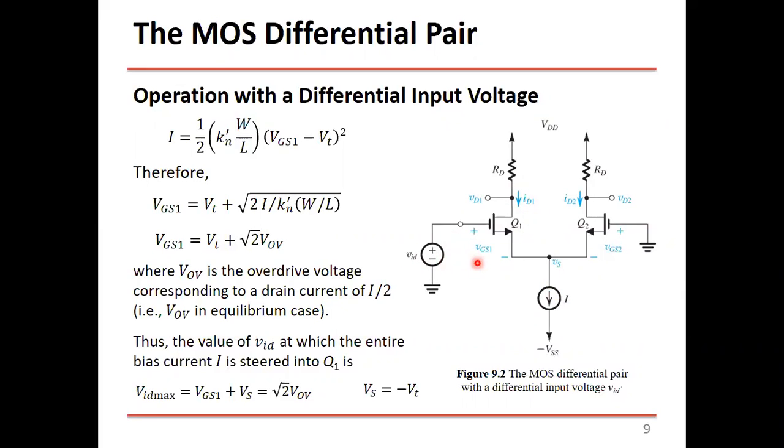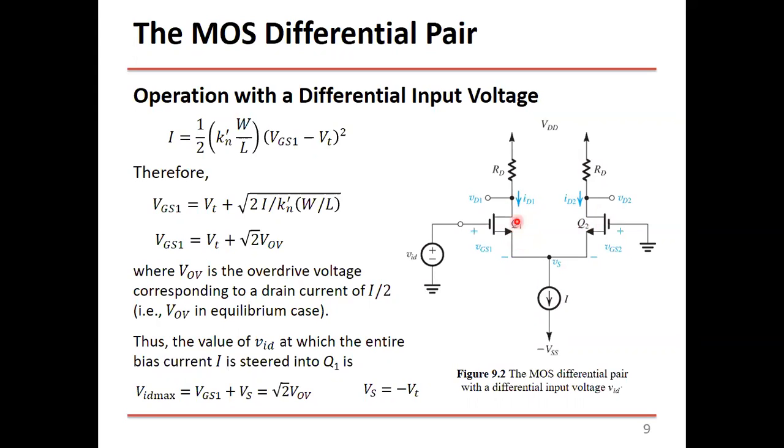ID1 now is completely I, so that means nothing is passing here. We will substitute this in the equation. Again, you have to guarantee that both transistors are working in the saturation region. Of course, if you steer the current all the way to this one and this one is 0, then you turn this off, but this is the extreme.